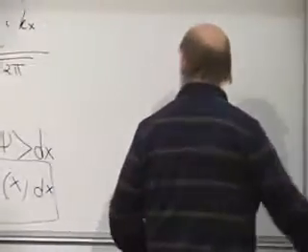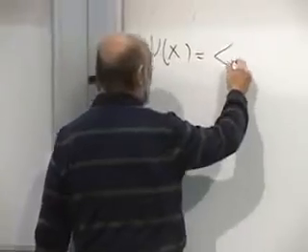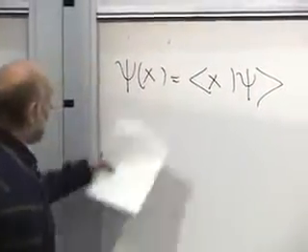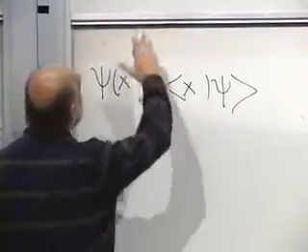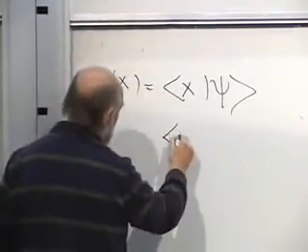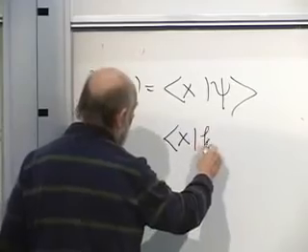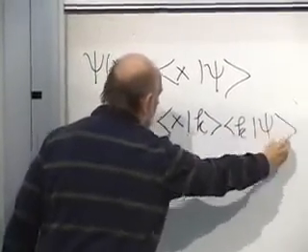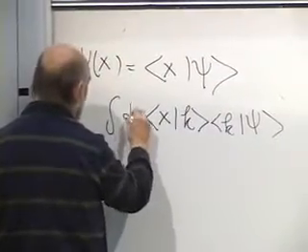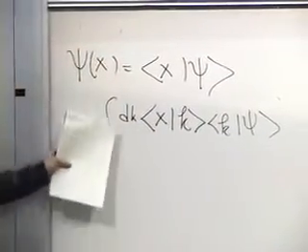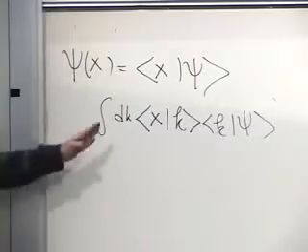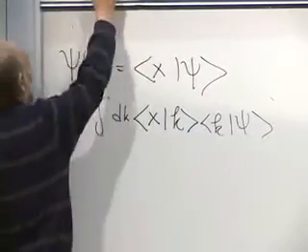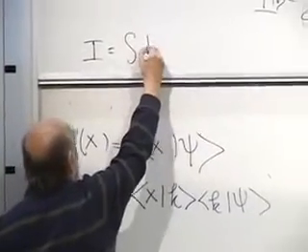So psi of x is by definition <x|psi>. That's its definition. And now to calculate it, I'll insert a complete set of momentum states: <x|k><k|psi>, integral dk. Again, I have now done exactly the same thing, except I've expressed the identity operator I as an integral over k.